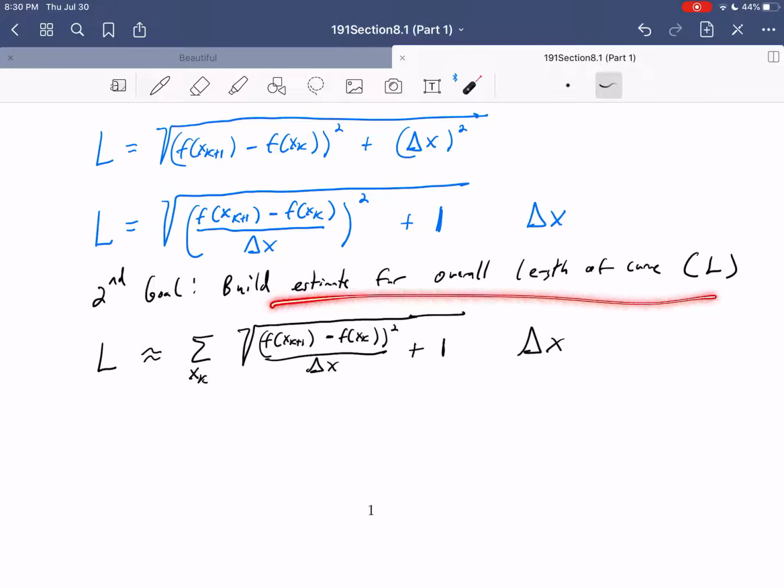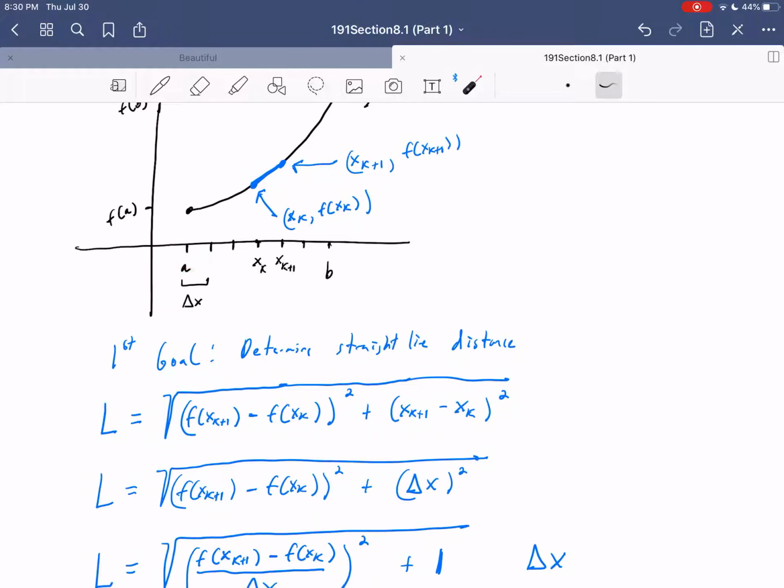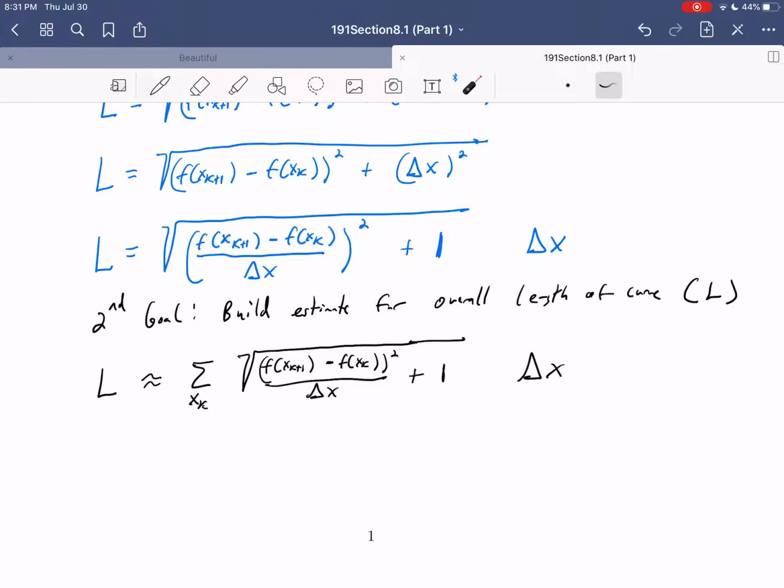Now we've built an overall estimate for the length of the curve. Normally, our next step is to take the limit of this as that delta x gets really small, as those partitions get infinitesimally small, making it go from an approximation to an exact equality. The hassle, though, is that we've got this delta x that's actually trapped inside this expression.